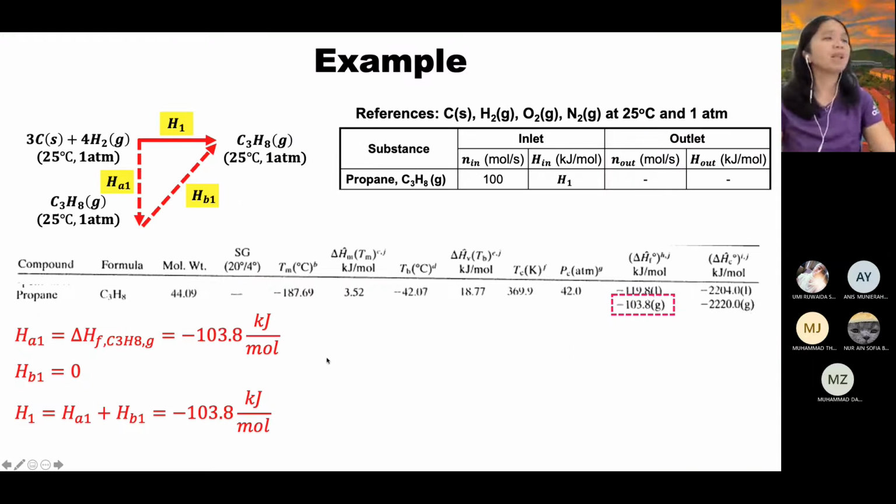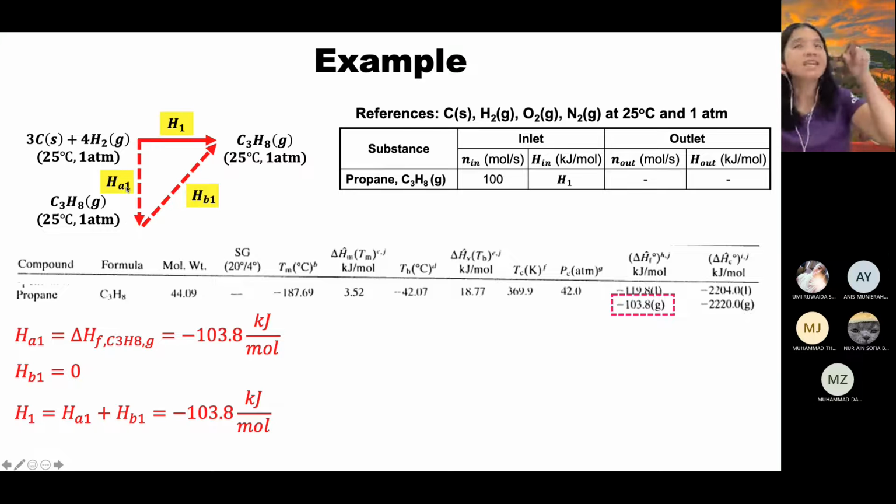Okay, so let me explain in calculation. Let's say now we want to calculate H1. H1 is from propane gas at 25 Celsius 1 atm to its inlet condition, which is still 25 Celsius 1 atm. So the calculation of H1 involves, first, forming the propane. To form the propane, HA1 is the heat of formation.